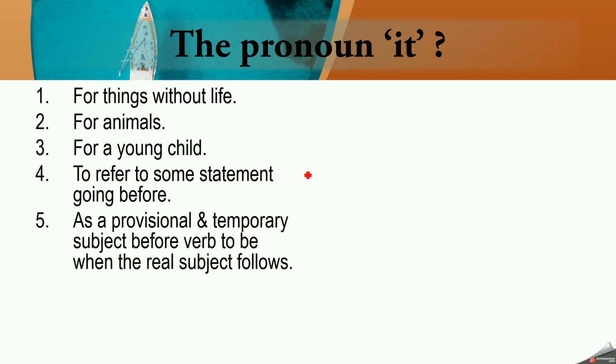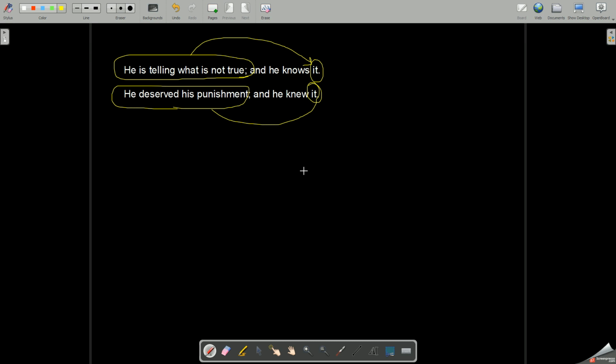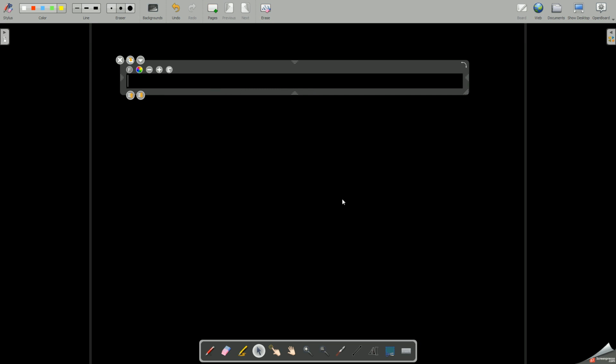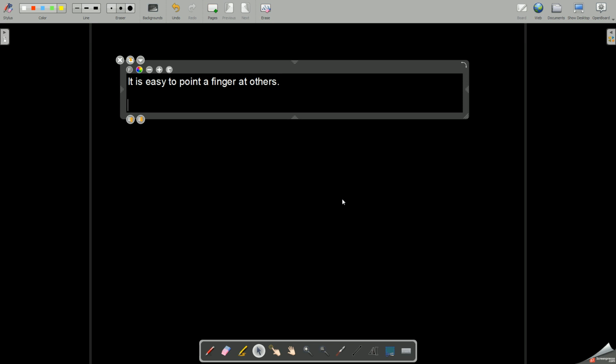As a provisional and temporary subject before verb to be when the real subject follows, like it is easy to point a finger at others. It is doubtful whether the train would arrive.